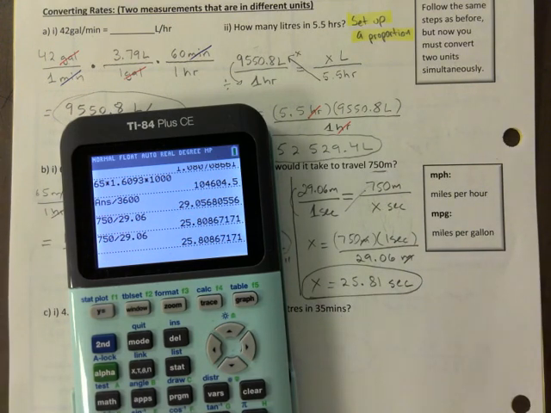Okay. Oh, I did add this bubble here for you, right? Yeah, that wasn't on my original, but mph is miles per hour, mpg is miles per gallon. Yeah, sorry.